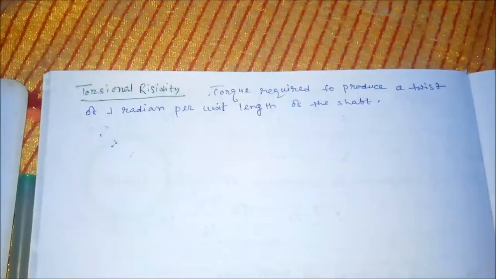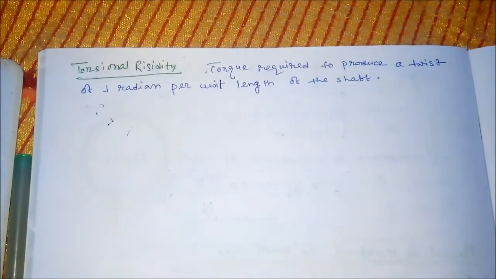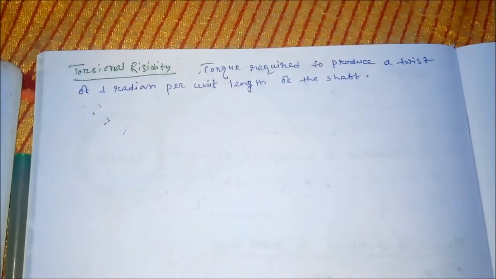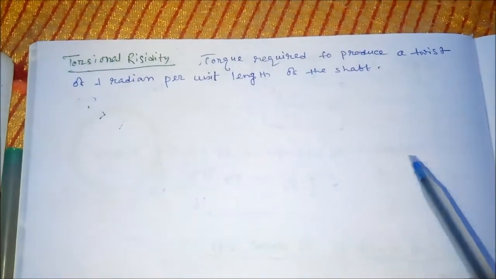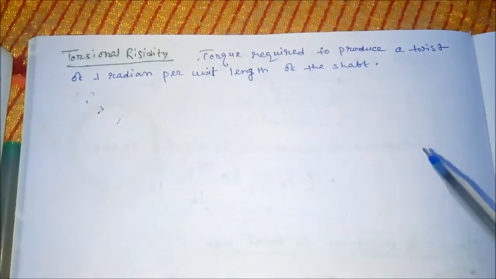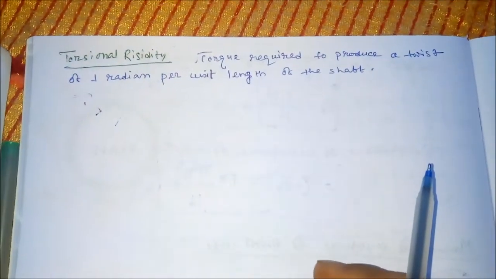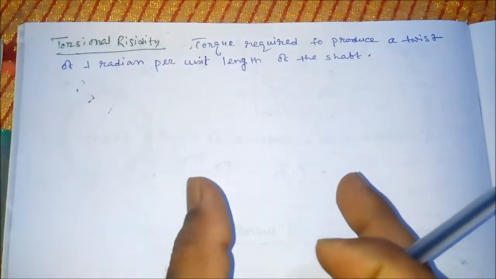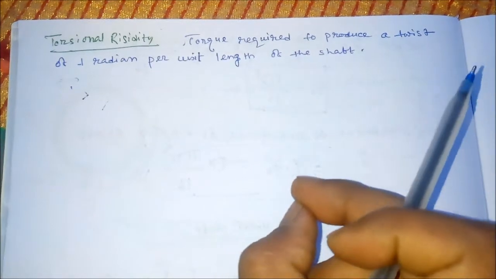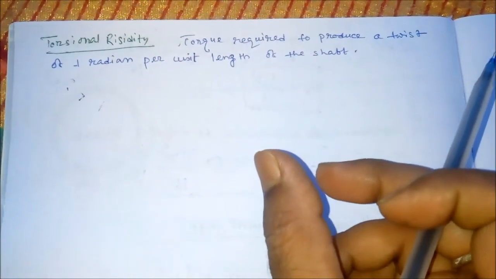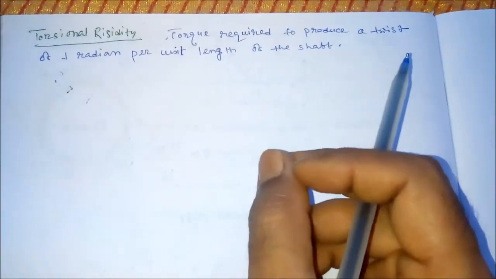Okay, now let us discuss the torsional rigidity. Torsional rigidity is basically the torque required to produce a unit twist, that means a twist of 1 radian per unit length, right? So for a unit length of shaft, if you want to get a unit radian of twist, then the required torque is the torsional rigidity.